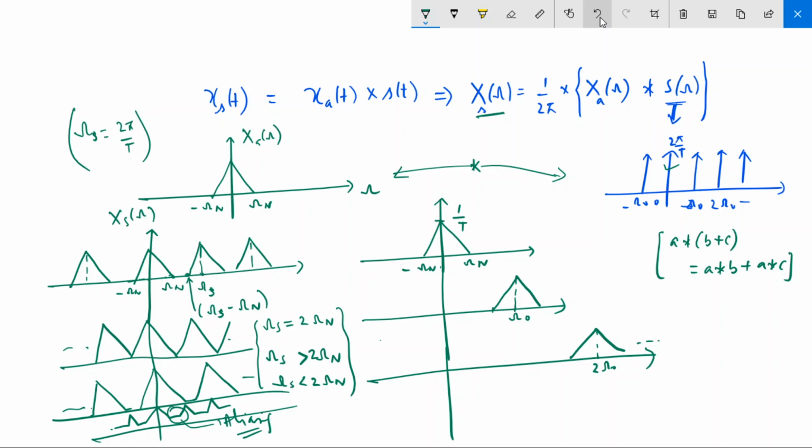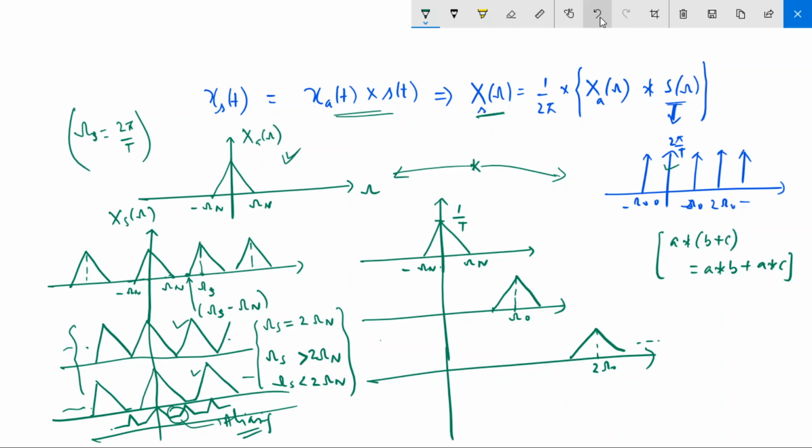This was my original spectrum. After multiplying this signal with the impulse train, I got this signal for which I have obtained this spectrum, or this, or this. This is at the Nyquist rate, this is for a frequency greater than the Nyquist frequency, and this is for less than the Nyquist frequency.